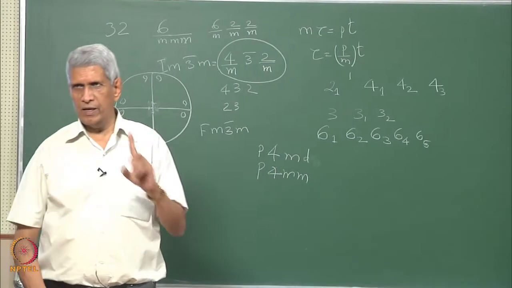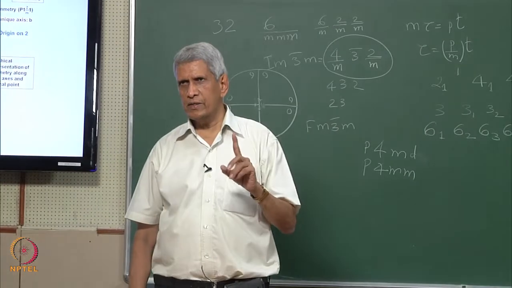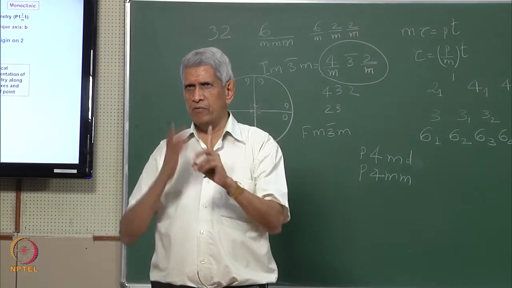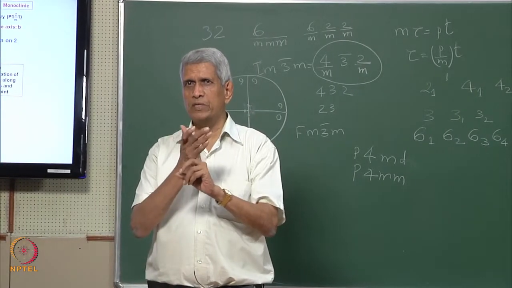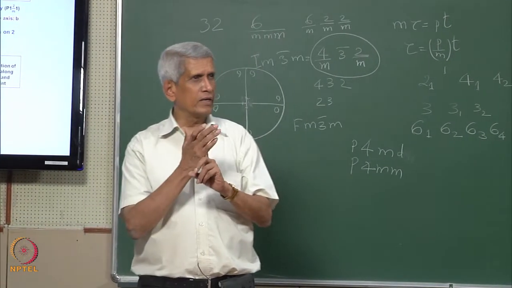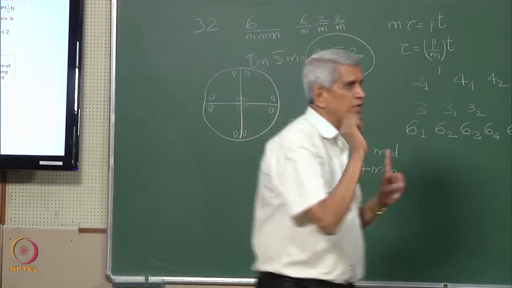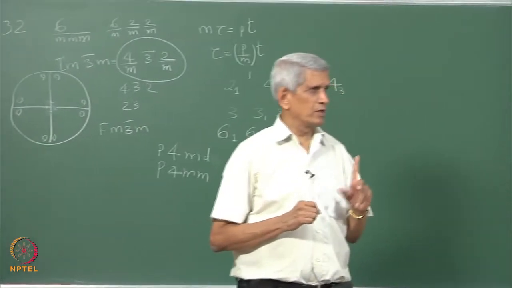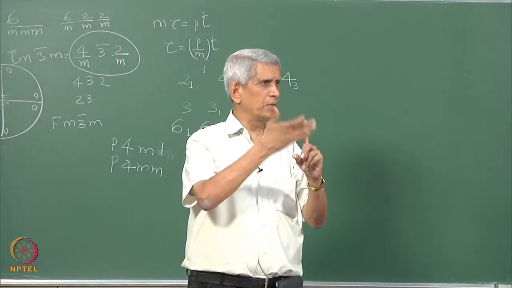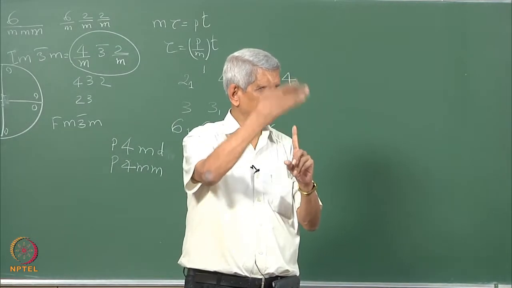That is the case for many symmetry elements, where if the symmetry elements do not intersect, then we have to fix the origin arbitrarily, like 4mm or 2mm, all of them. The mirror is also on the plane of the symmetry axis, correct?